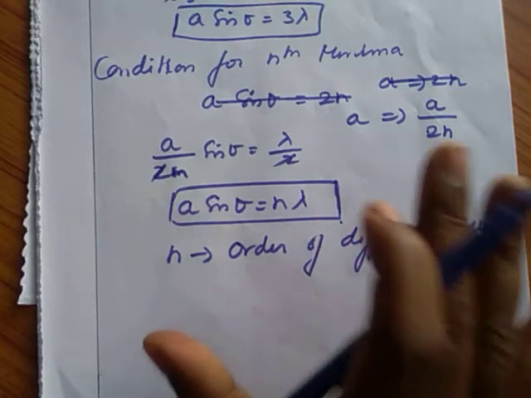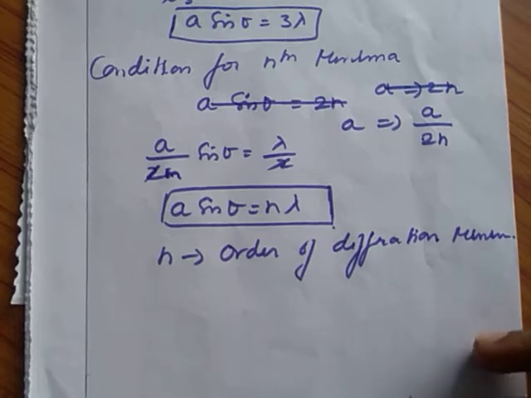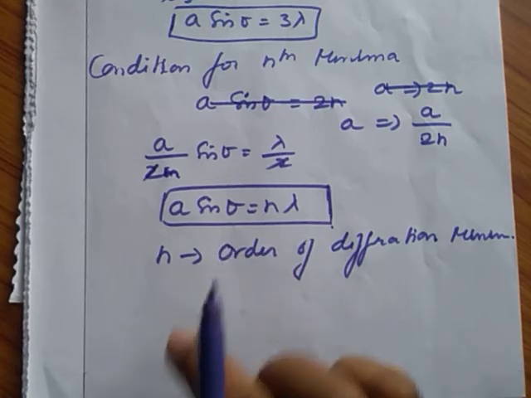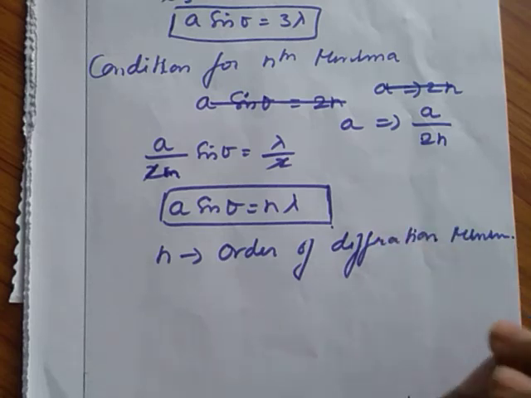In this case we are splitting the width a into even numbers: a by 2, a by 4, a by 6 and a by 2n. Each wave from a corresponding point cancels with another, so the point P will be dark. Destructive interference takes place.